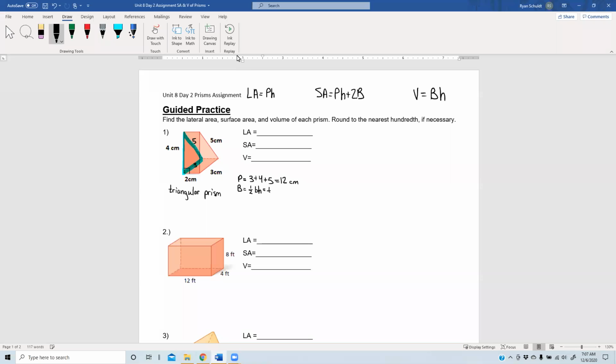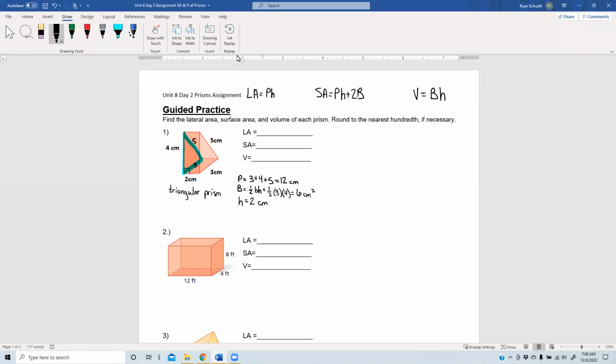So 1/2, 3 times 4, which gets us 6 centimeters squared. And then the height of the prism. This is the number that we seem to have forgotten about: the 2. That's the height of our prism, 2 centimeters.